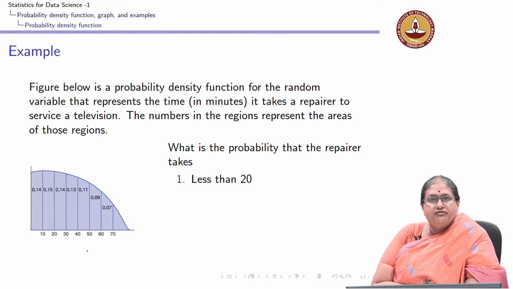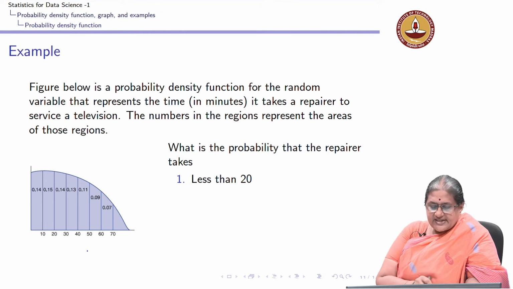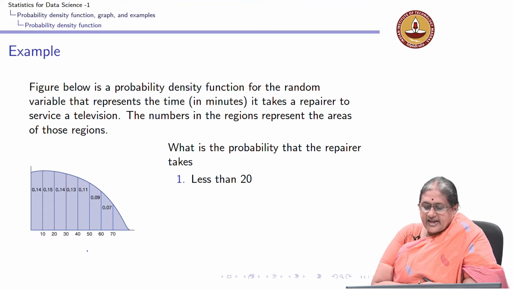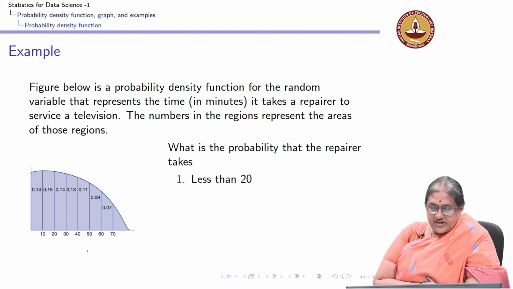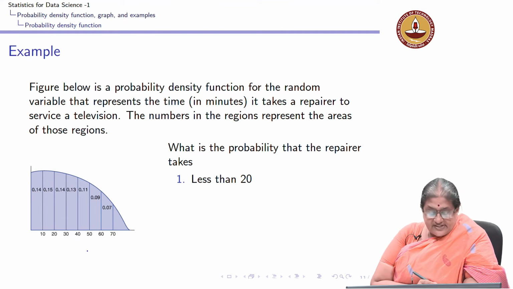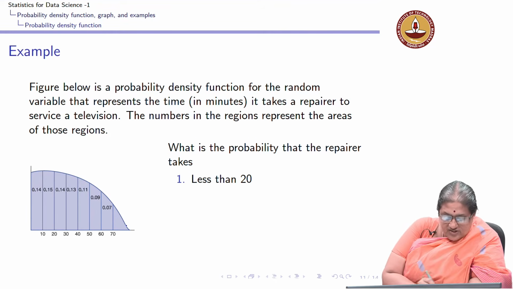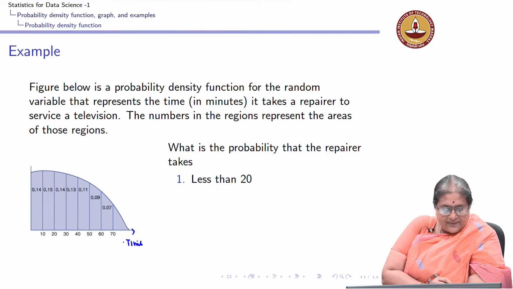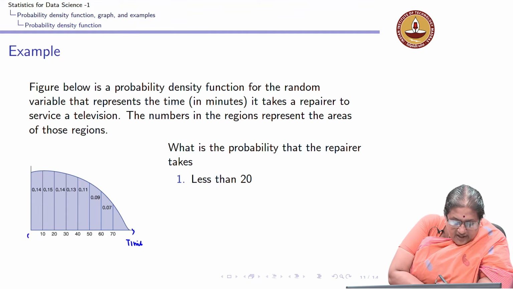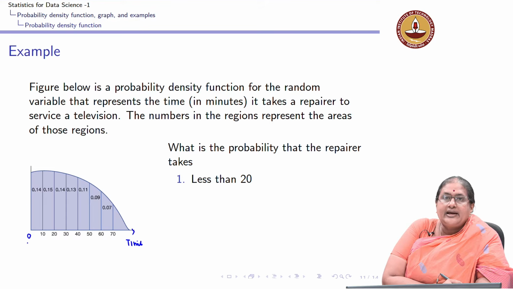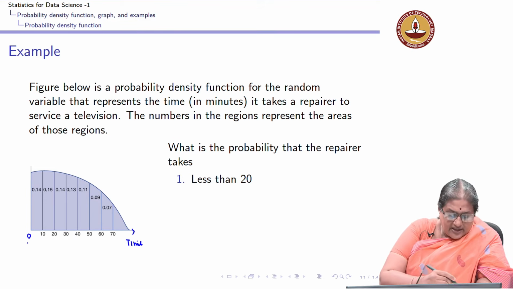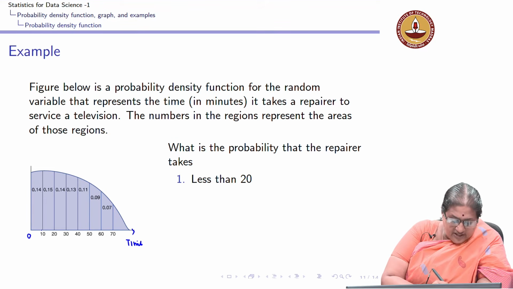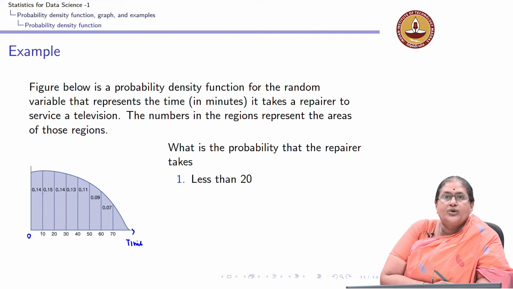Suppose I am given a figure with the probability density function that represents the time in minutes it takes to service a television. So, what does this represent? Let us understand. On the x-axis, I have the time in minutes. The chance that it would take between 0 to 10 minutes is going to be 0.14. The chance it is between 10 to 20 minutes is going to be 0.15.